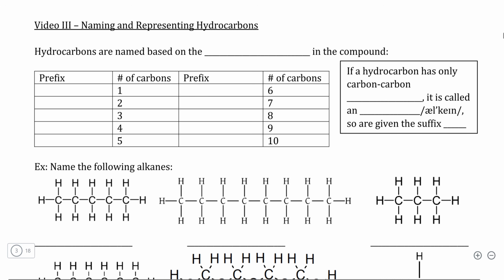In this video, we're going to learn how to visually represent the structure of hydrocarbons, as well as how the naming system for all organic molecules works, or at least the foundation behind it.